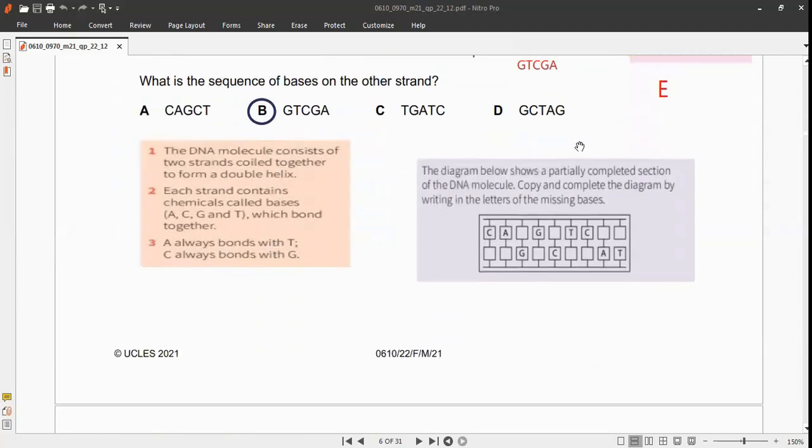You can answer this question. The diagram below shows a partially completed section of a DNA molecule. Copy and complete the diagram by writing the letters of the missing bases. Let's write them.